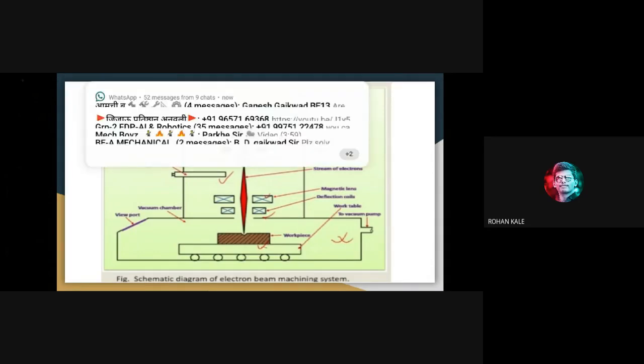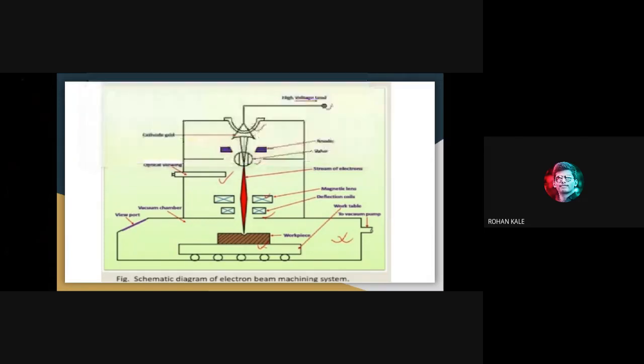How do we take it away from the vacuum chamber? At the backside of your workpiece, a backing material is used.